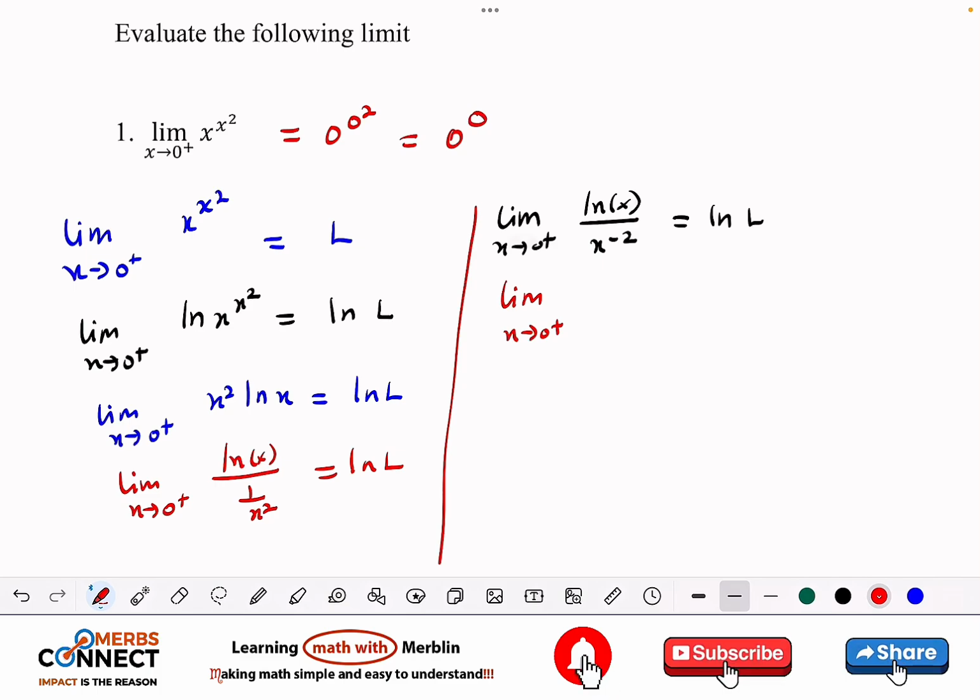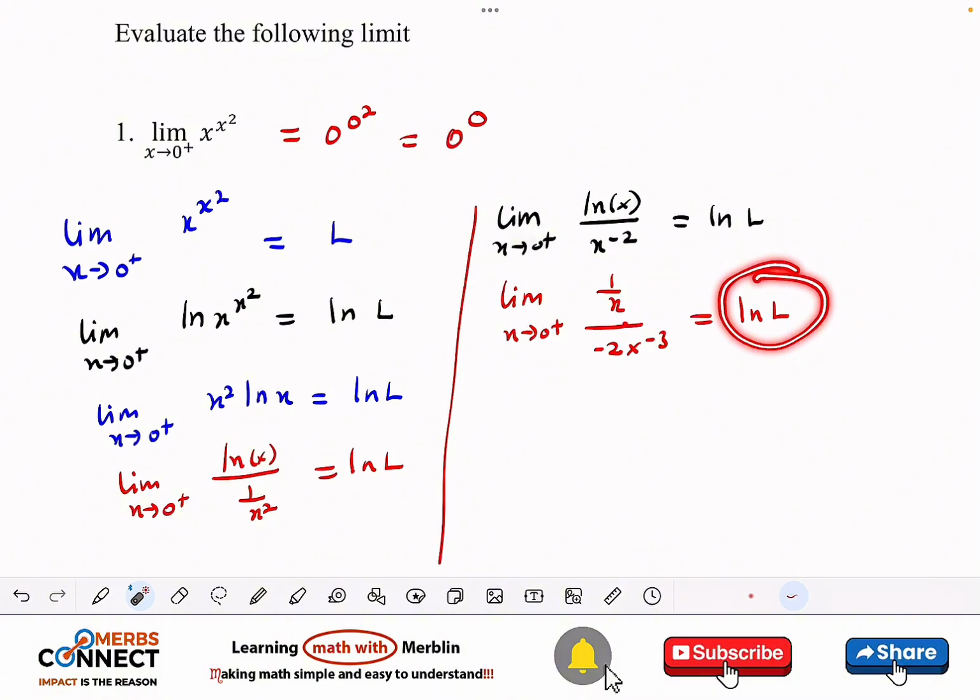When I differentiate ln x, I get 1 over x, and differentiating x to the power minus 2 gives minus 2x to the power minus 3. We are not differentiating ln L, because L'Hopital's rule applies only to the limit function.